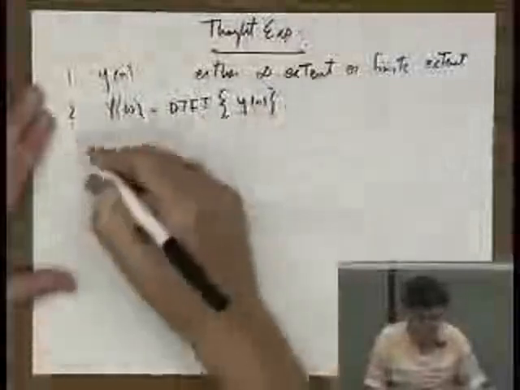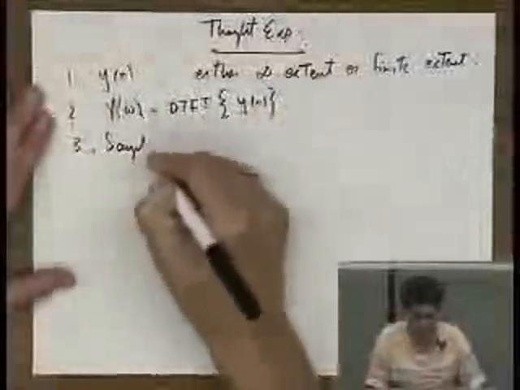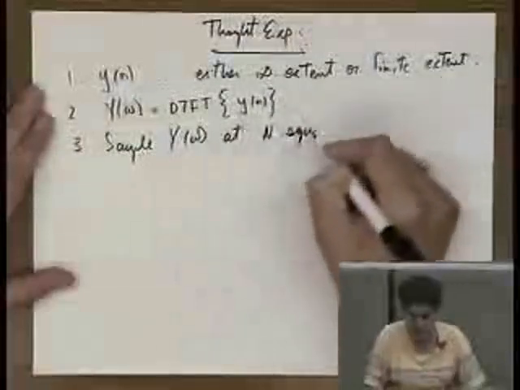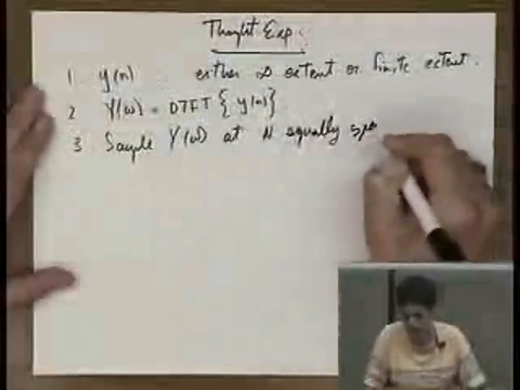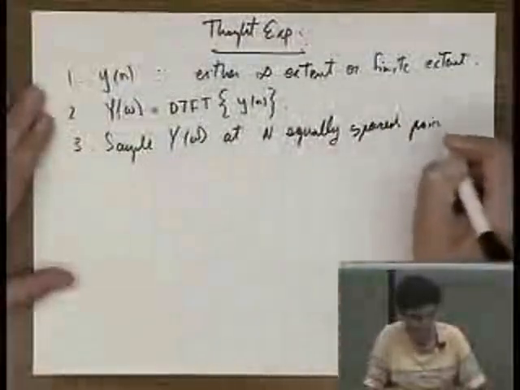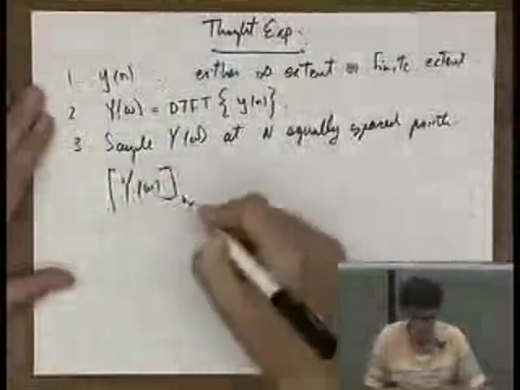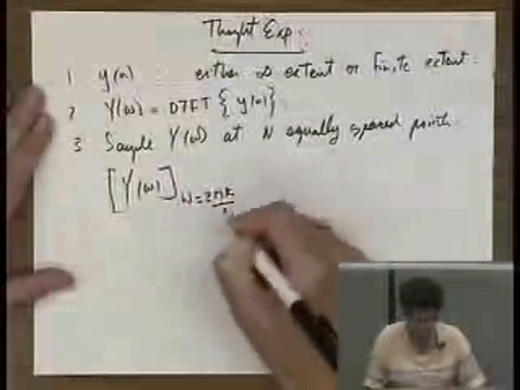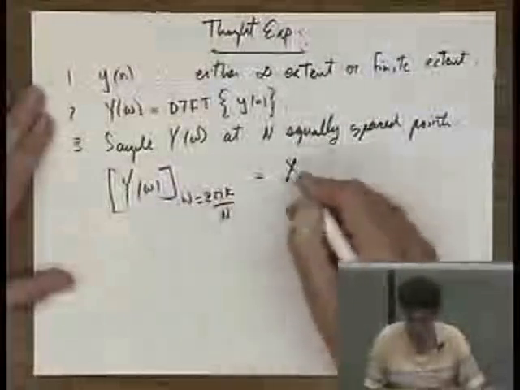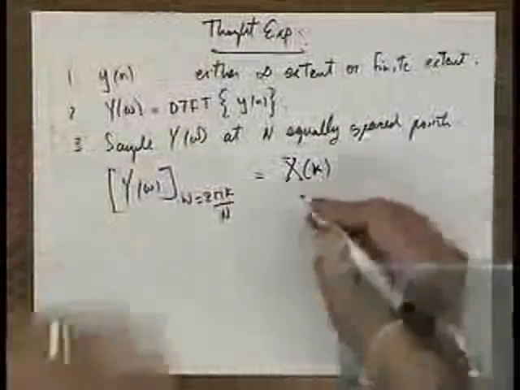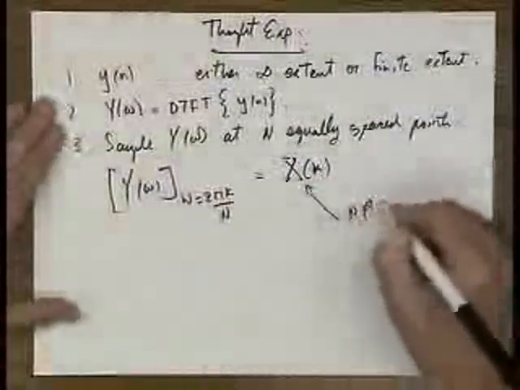Okay, and then I sample Y of omega at n equally spaced points. In other words, Y of omega evaluated at omega equals 2 pi k over n is equal to X of k. And this thing is now an n-point sequence.